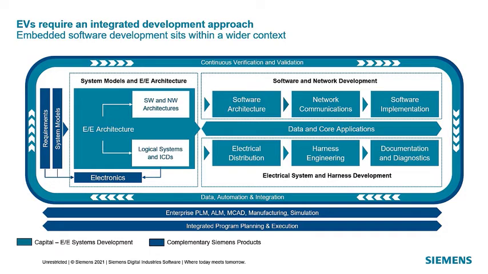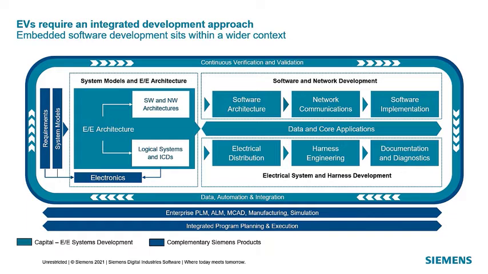The second arm of the flow covers electrical system design, harness manufacturing engineering, and in-service publication creation. This is where the electrical distribution system is designed both logically and physically, verified by correct by construction methods, and prepared for manufacture.